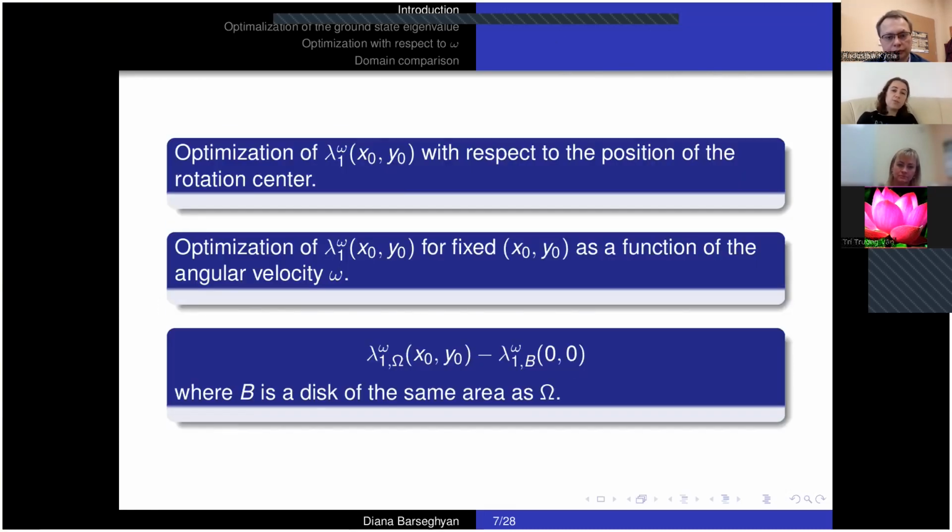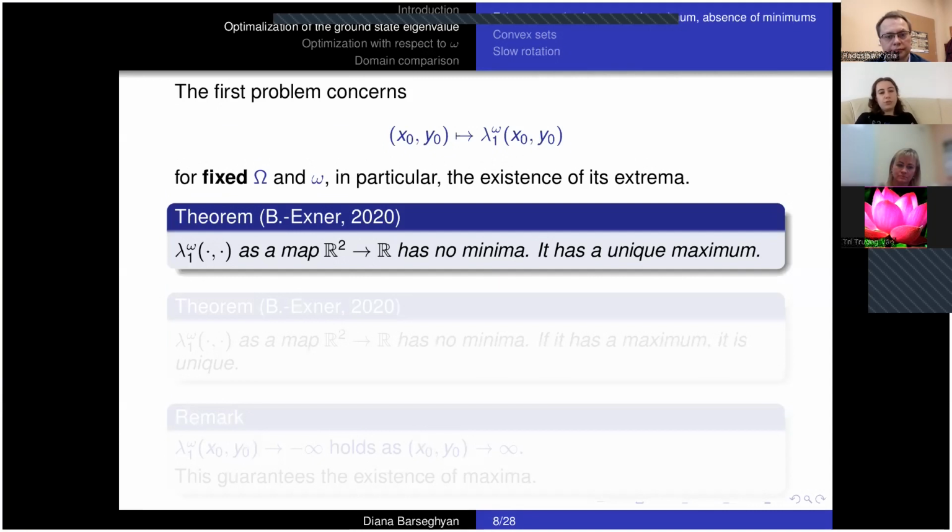So these are three questions which we will speak about. First, we will start from the first question. For any (x0, y0), we construct the function λ1(Ω, ω, x0, y0). The domain Ω and the velocity ω are fixed, and the only variable now is (x0, y0).